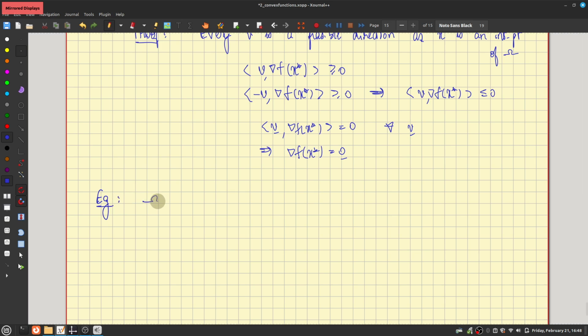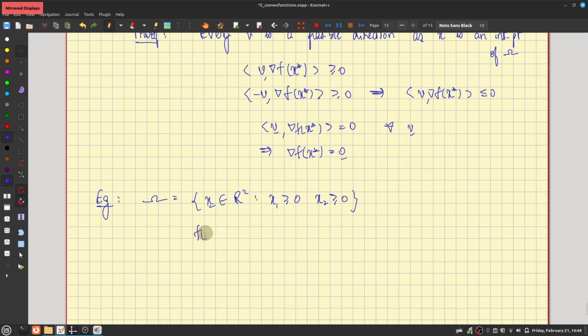Suppose that my omega is the first quadrant. So this is the set of all x in R2 such that x1 is greater than or equal to 0 and x2 is greater than or equal to 0.